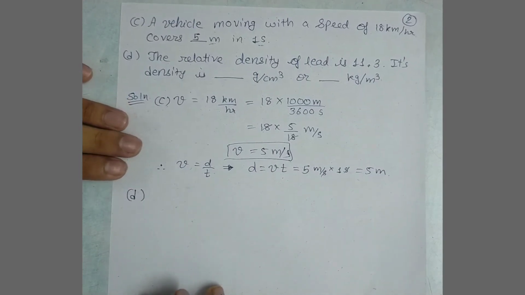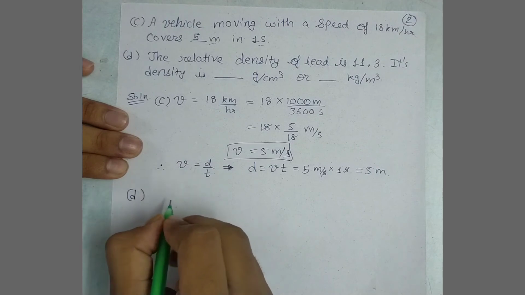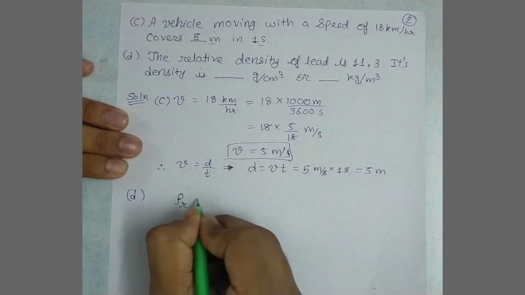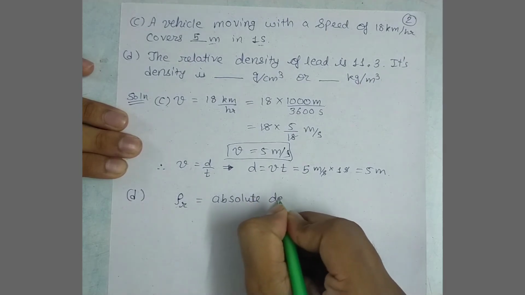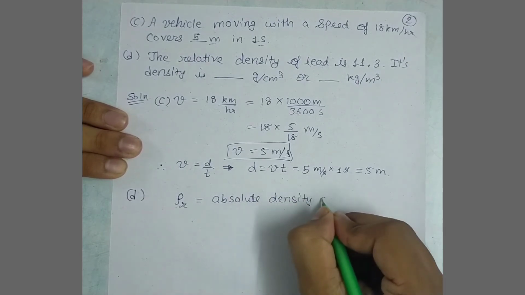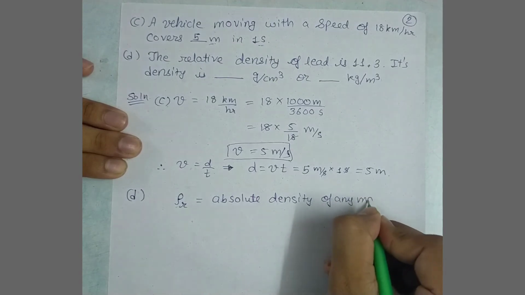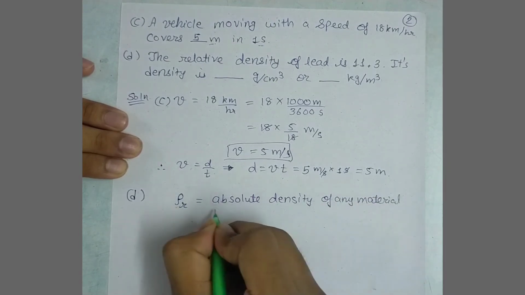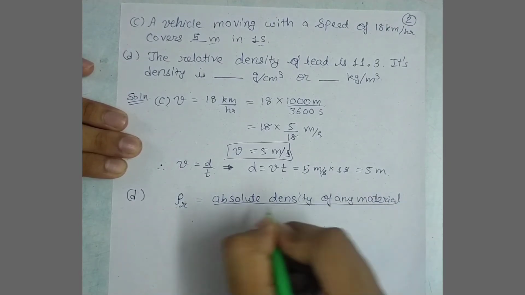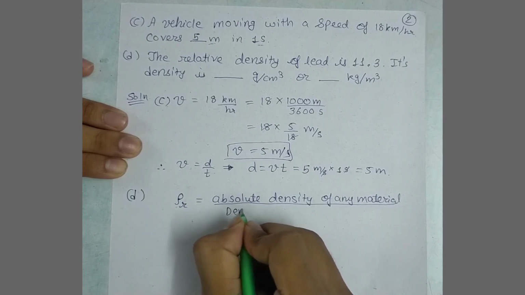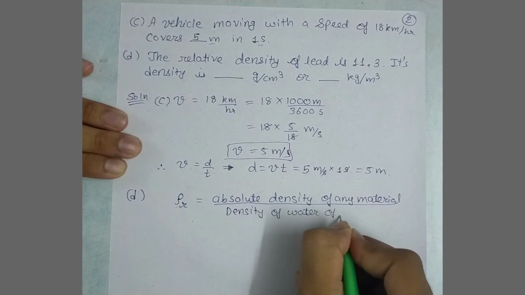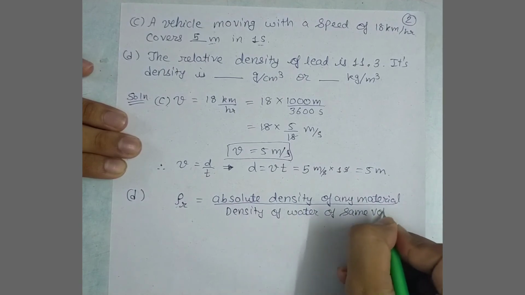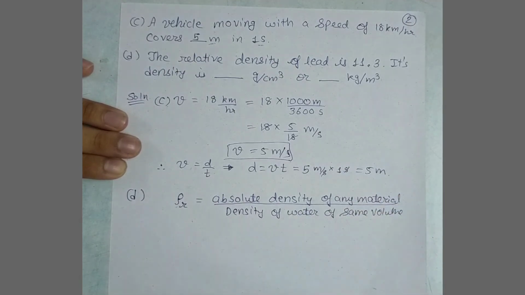The relative density is a concept which gives us a relation, that is relative density is the absolute density of any material divided by the density of water of the same volume. The volume of that particular material and the volume of water should remain the same.